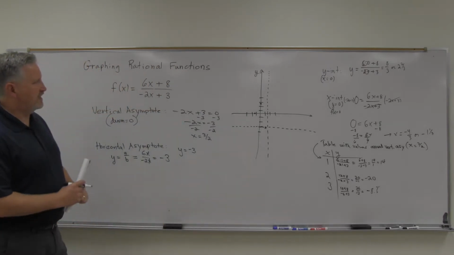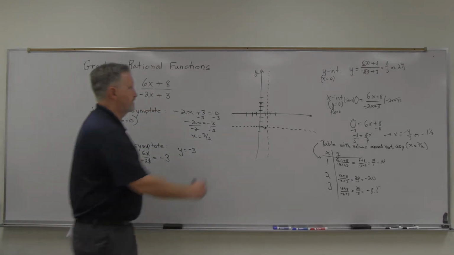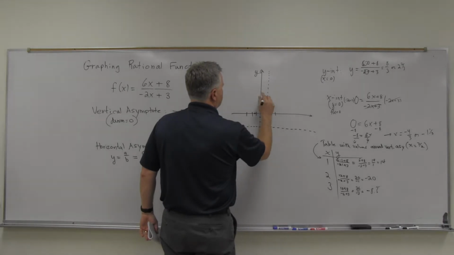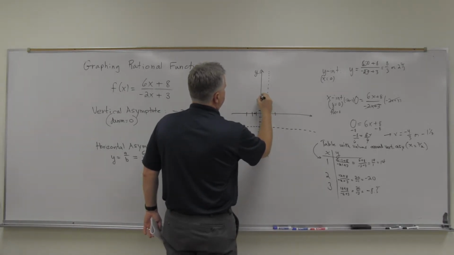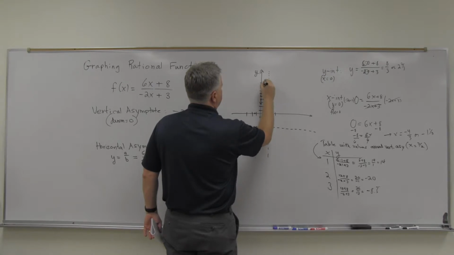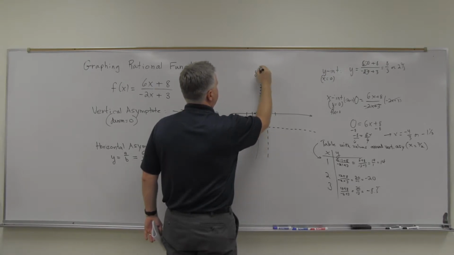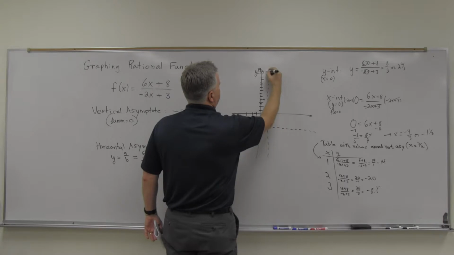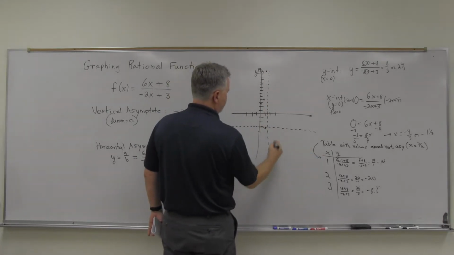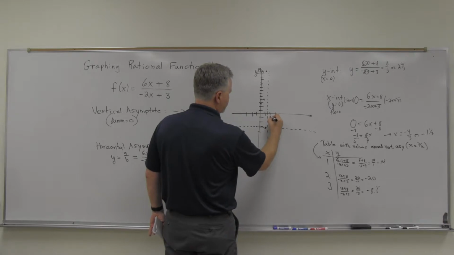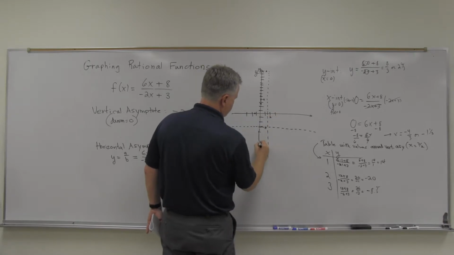So I've got 1 and 14, put that up here. Where am I at? 4, 5, 6, 7, 8, 9, 10, 13, 14. There we go. So it's at 1 and 14. Then I've got 2 and -20. So x is 2, and then I've got -20.